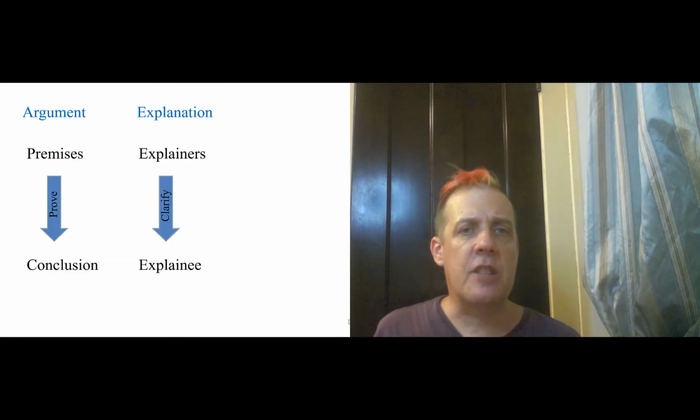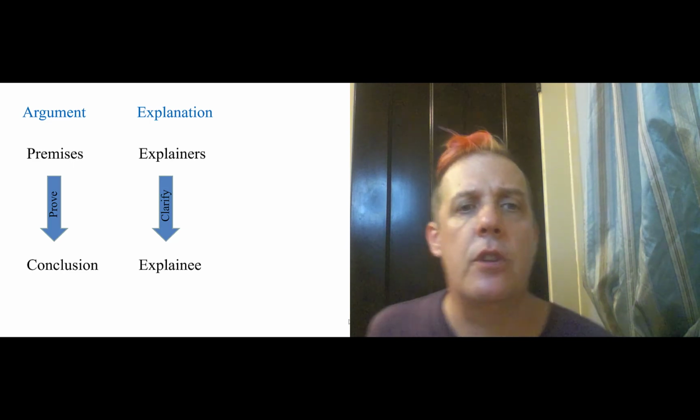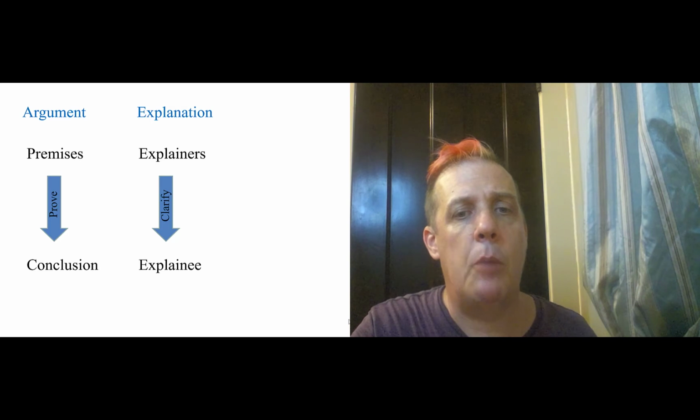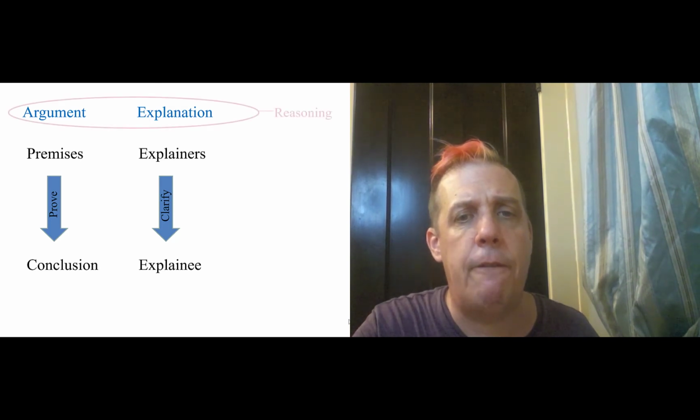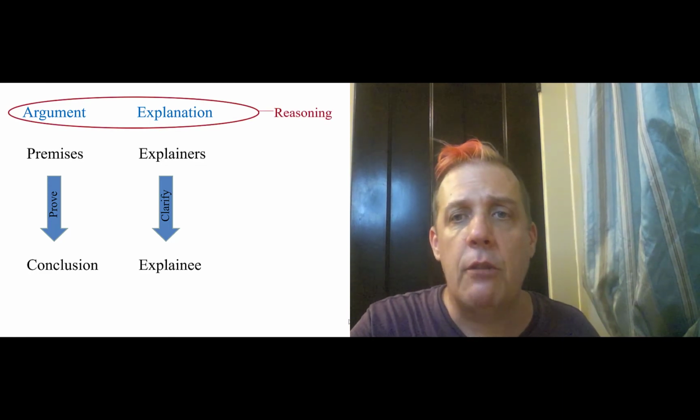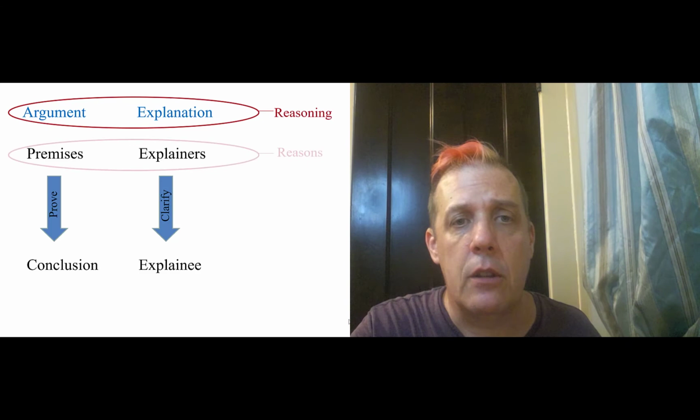So arguments and explanations have similar structures. An argument has premises which prove a conclusion, and explanations have explainers which clarify an explainee. So the general term for what's going on is reasoning.